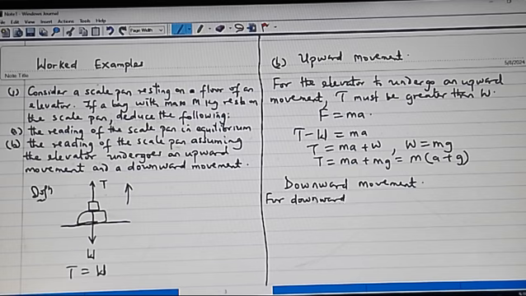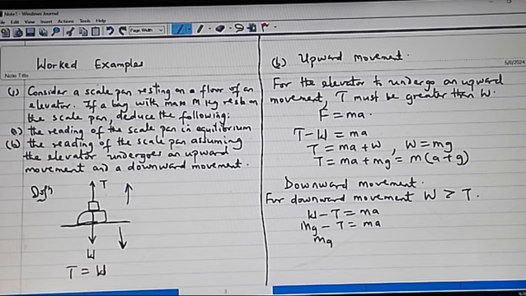So for downward movement, W, which is the weight, must be greater than T. So we can now say that the total force will be W minus T is equal to ma. In that case, mg minus T is ma, so that mg minus ma is equal to T.